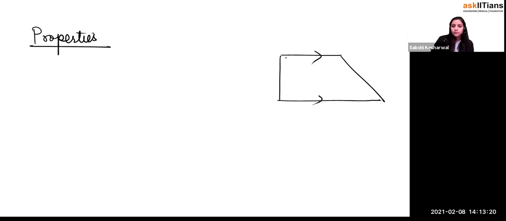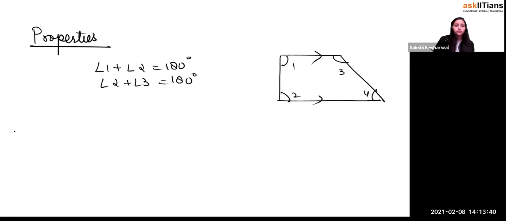If these two sides are parallel, how many angles will be made? Angle 1, angle 2, angle 3, angle 4. The angles on the same side: angle 1 plus angle 2 is equal to 180 degrees, and angle 2 plus angle 3 is equal to 180 degrees.